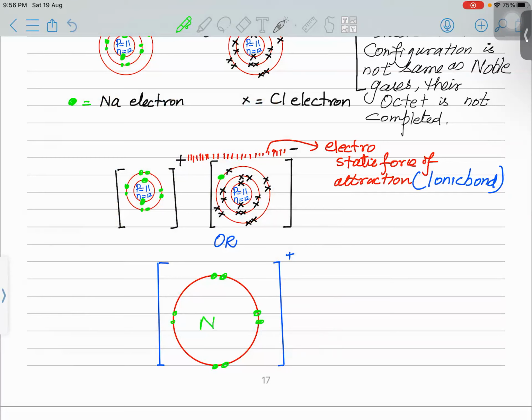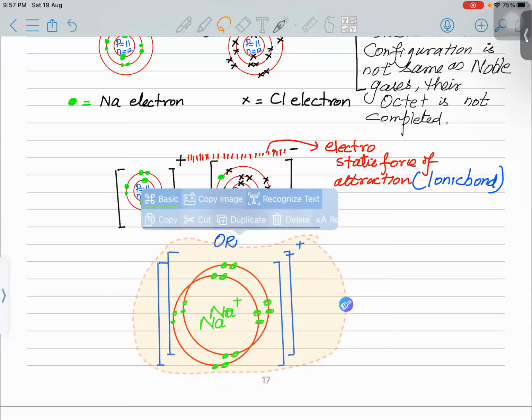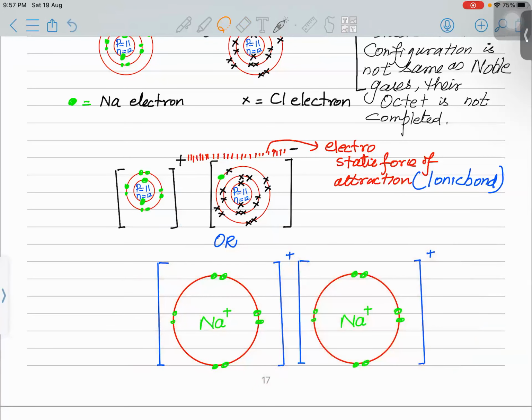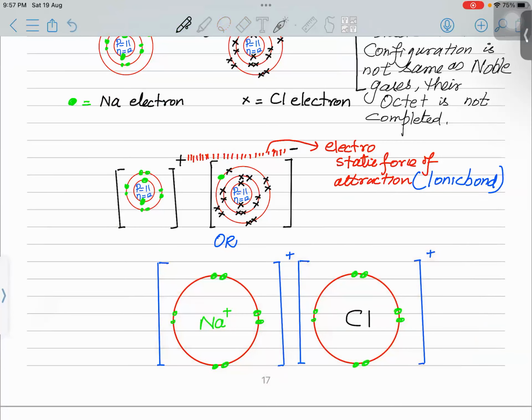So this is sodium plus. Similarly, we have chlorine. This is chlorine. These are crosses.